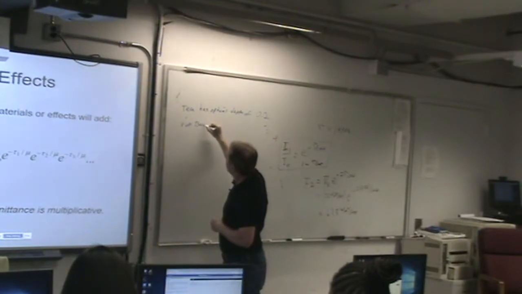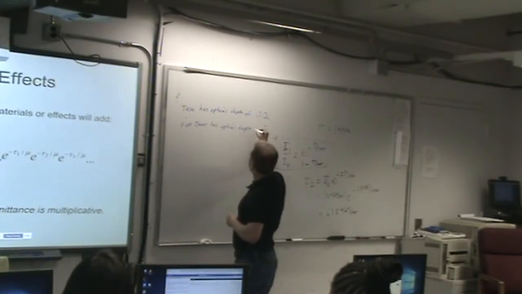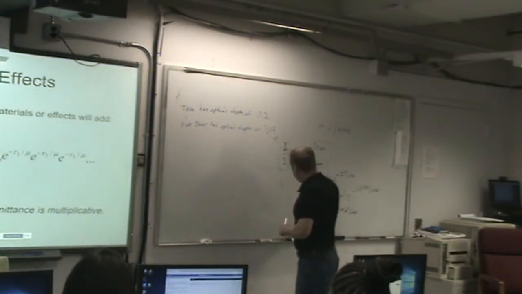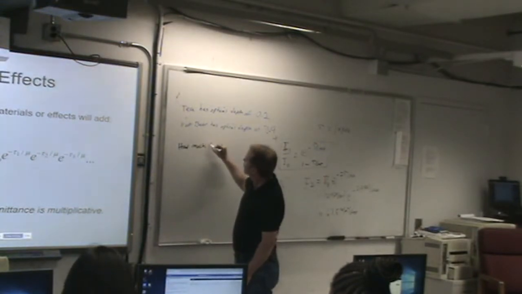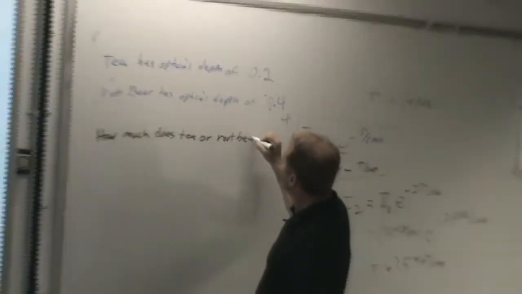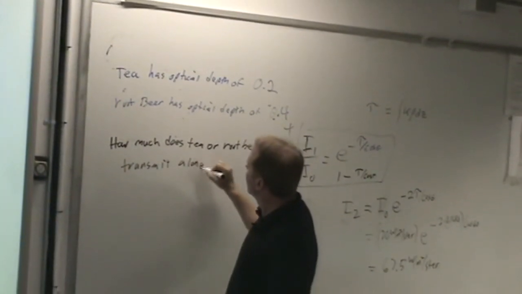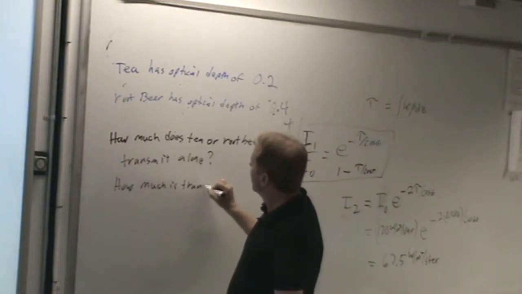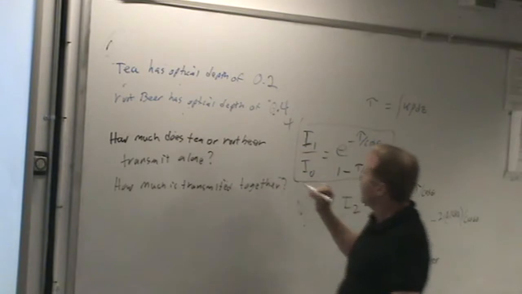Root beer has an optical depth of 0.4. How much does tea or root beer transmit alone? How much is transmitted together?